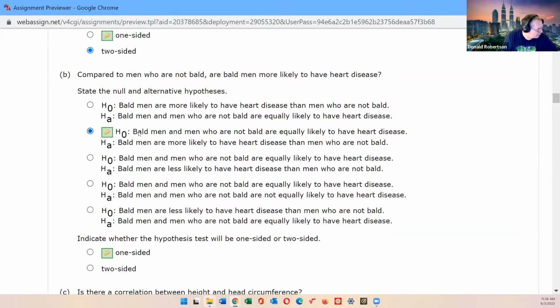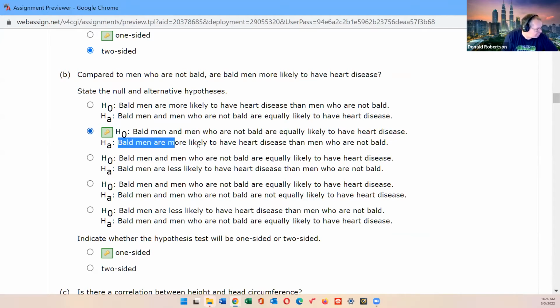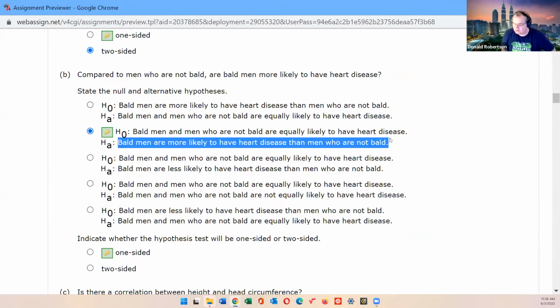So the null hypothesis is that they're equally likely to have heart disease, and the alternate is bald men are more likely than not. You see, we just rearranged the sentence a little. Is that one-sided? Sure. If the alternate had been there's a difference between the groups, but they never said bigger or less, they're just different, then it would have been a two-sided test.